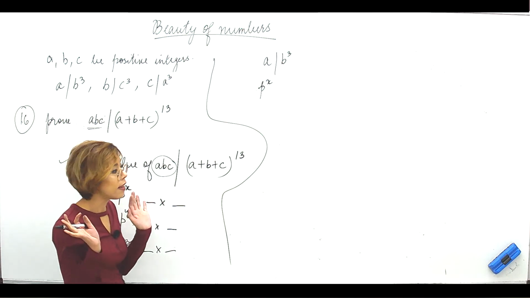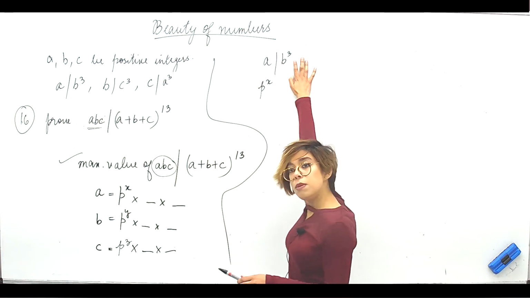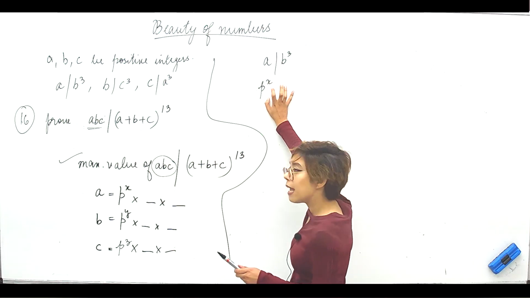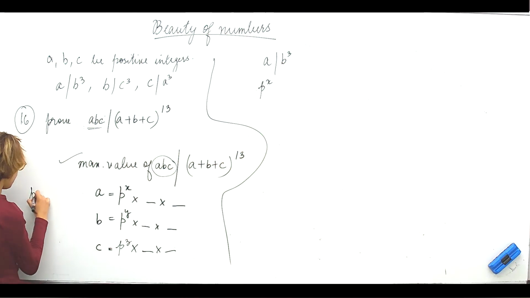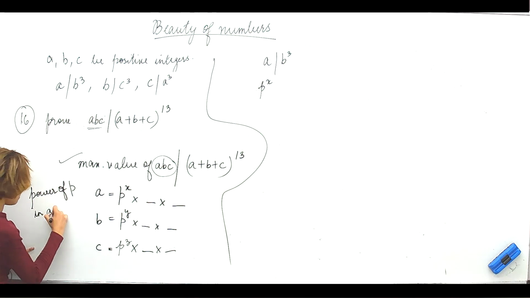So I've clarified that. Also, I am starting with the condition A divides B cube. So I am assuming that X, the power of P in A, is the minimum one. I am assuming that the power of P in A is minimum.